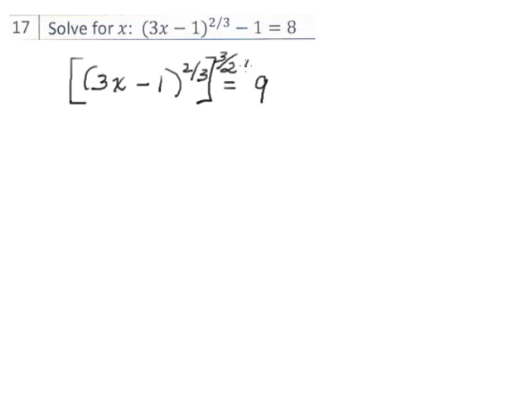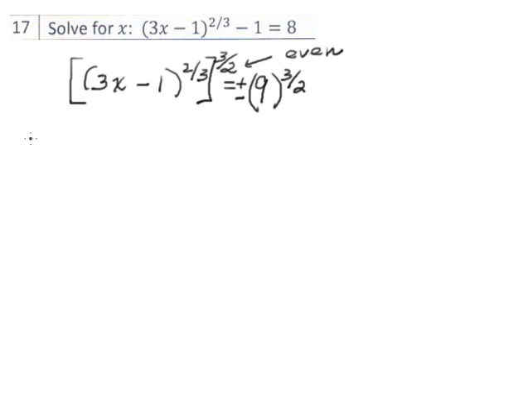But now the denominator is even. So we're going to raise the right side to plus minus 3/2, because it's the same as taking the plus minus square root of both sides. The 2 in the denominator is a square root. All right, so we have two separate equations.